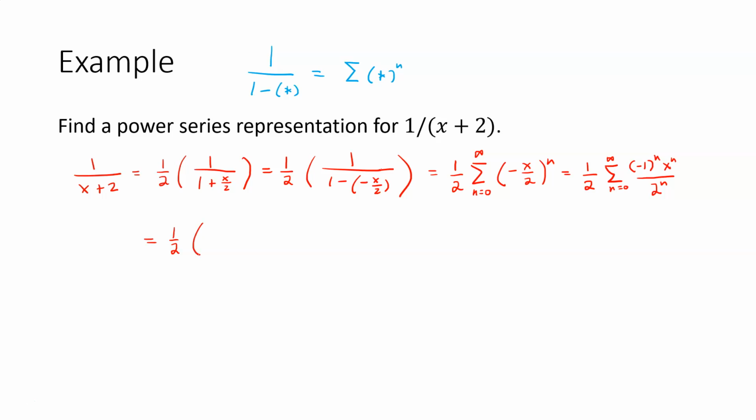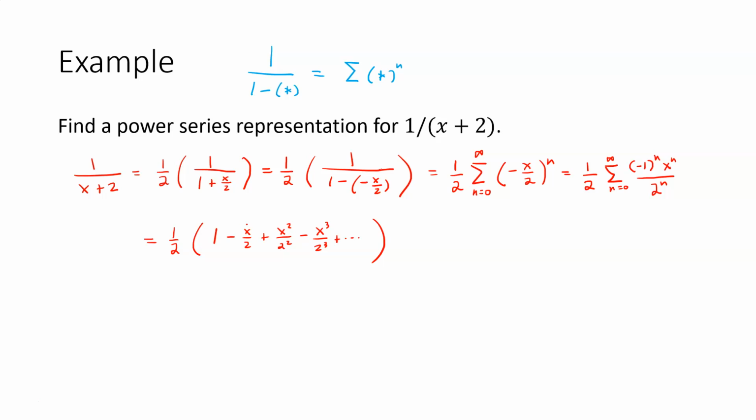So if you want to imagine what the series is, it's just doing 1 minus x over 2 plus x squared over 2 squared minus x cubed over 2 cubed, and so on, right? See it's alternating, and then the power of x over 2 goes up with every term.